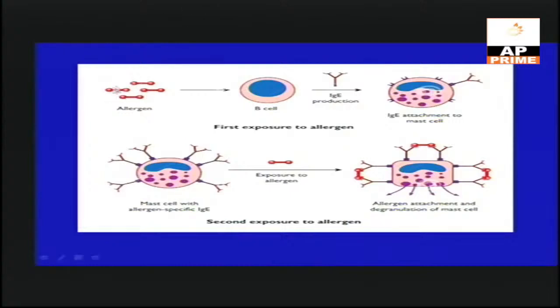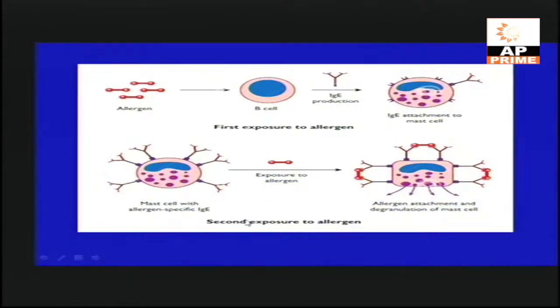So here you can see the process of type 1 hypersensitivity. On first exposure the antigen causes the differentiation of B cells into plasma cells and memory cells, and the plasma cells produce specific IgE antibodies, and these IgE antibodies are present on the surface of the cells.